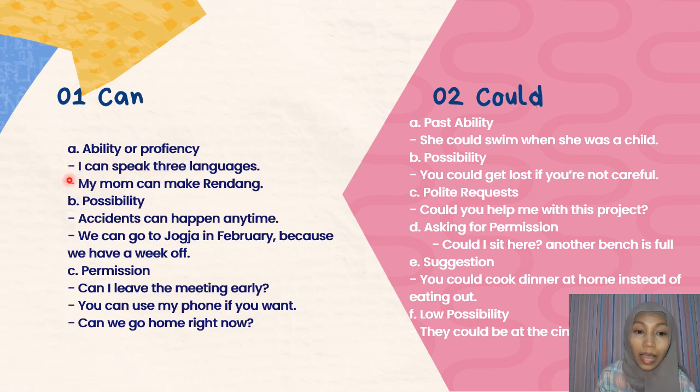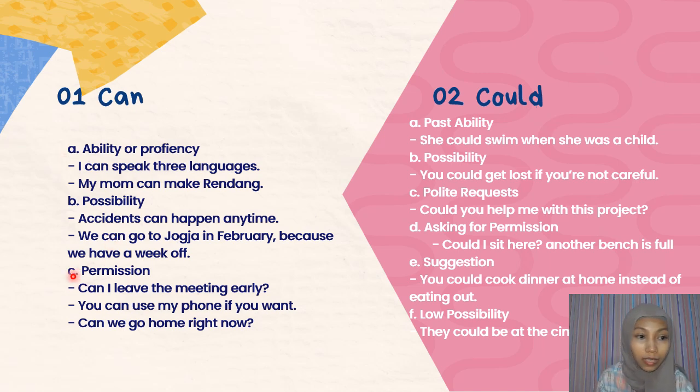For example, I can speak 3 languages. My mom can make rendang. Next, can to state a possibility. Can also be used to indicate something that might happen or could happen. For example, accidents can happen anytime. We can go to Jogja in February because we have a week off.